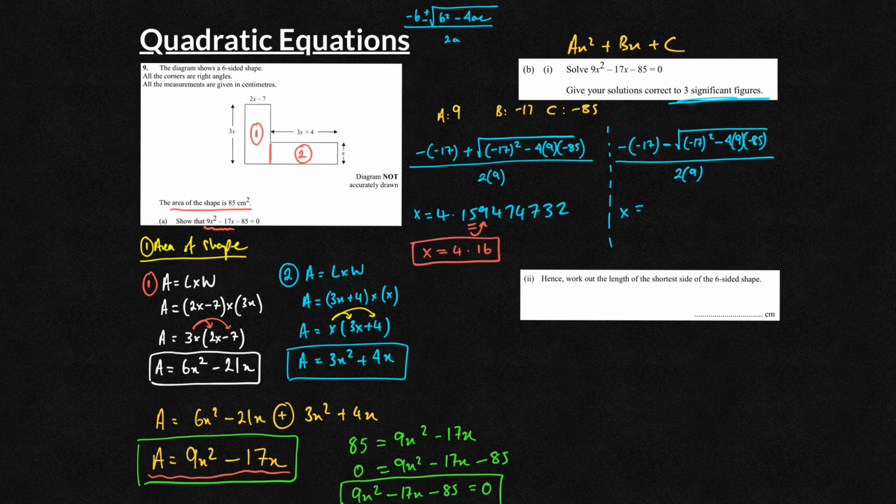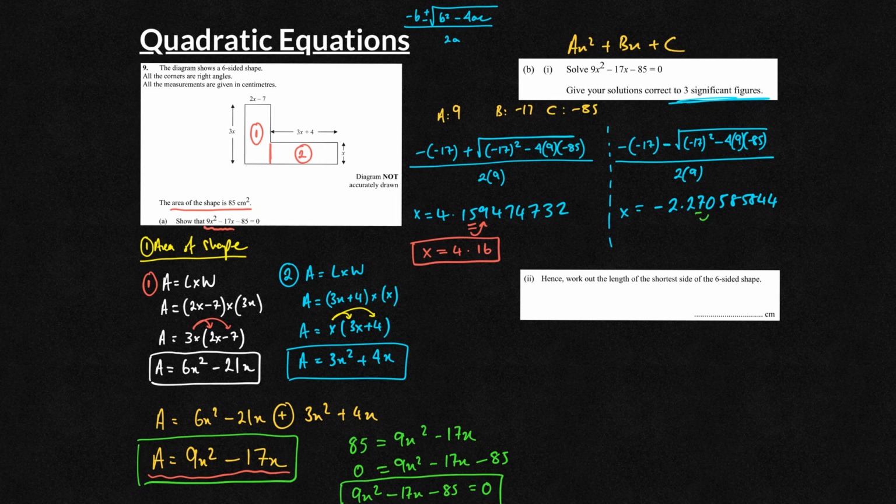Okay, and for the negative solution, or the subtract the square root, you should get an answer of minus 2.27058584, and then again rounding that to 3 significant figures.